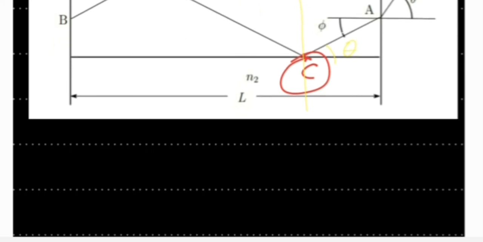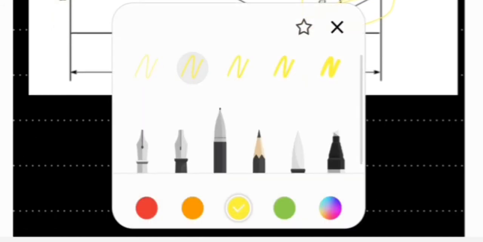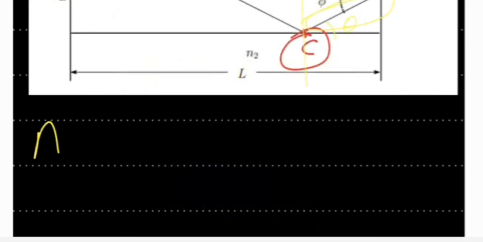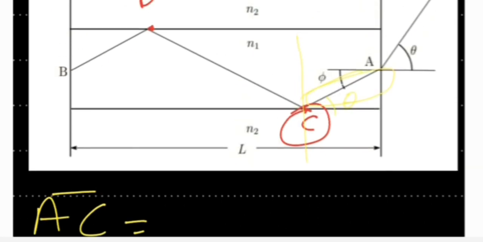So what is this part over here? Well, the line from A to C is equal to the hypotenuse of this triangle over here, right?